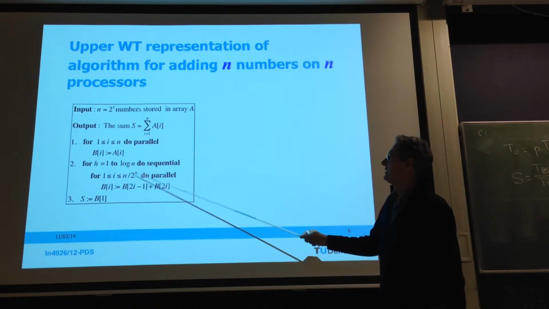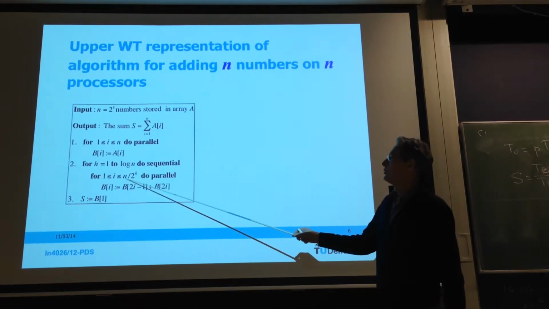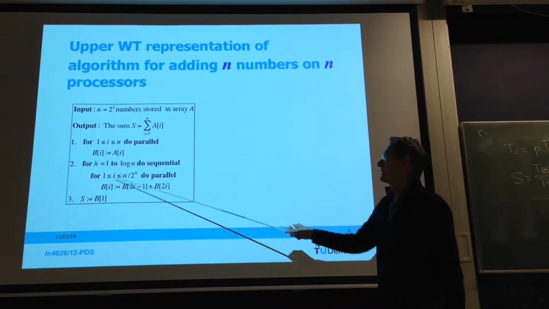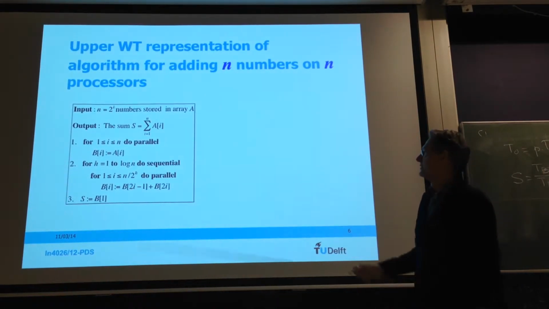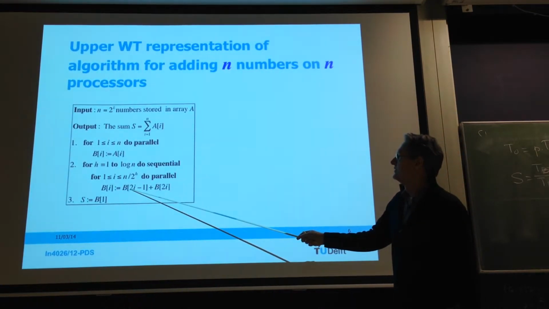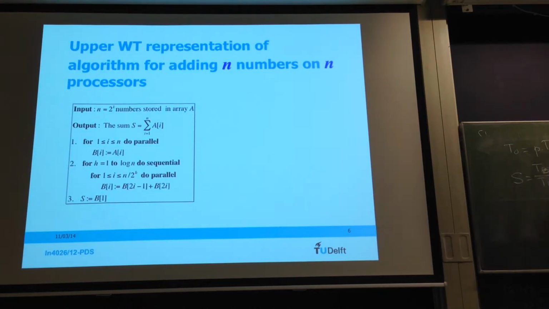And you see that the amount of parallel work is determined by the range of i which is spanned in this inequality. And here we do the addition, and then finally we copy the sum.